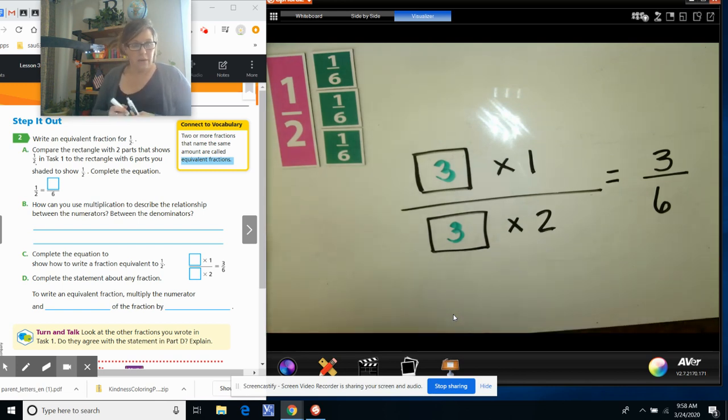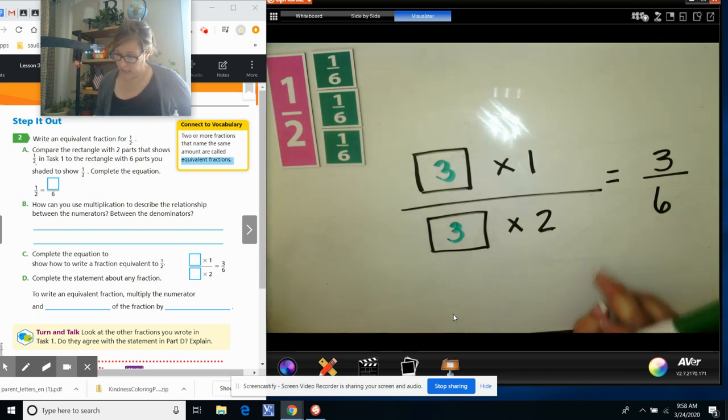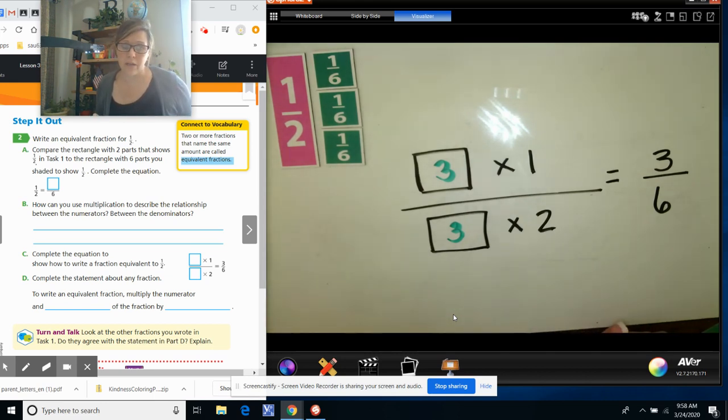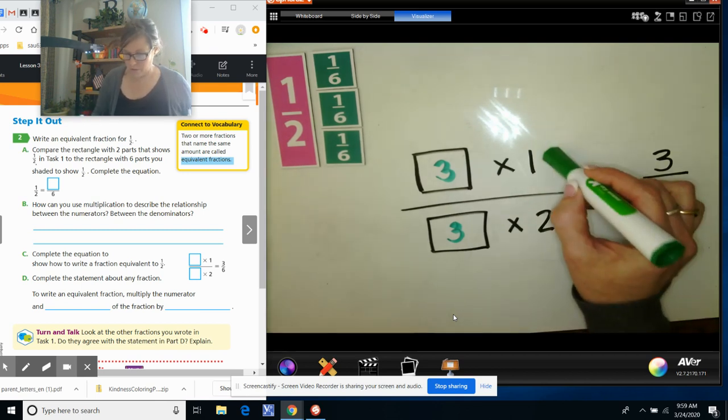So if we were to complete the statement about any fraction, look at your D. It says complete the statement about any fraction. To write an equivalent fraction, so that means to write an equal fraction, you're going to multiply the numerator and what? Well, this is your numerator.